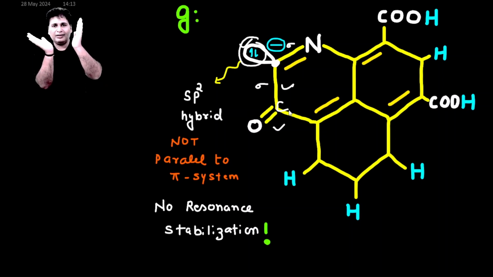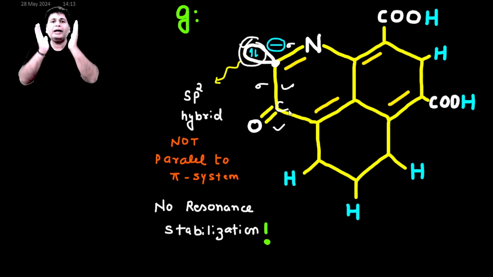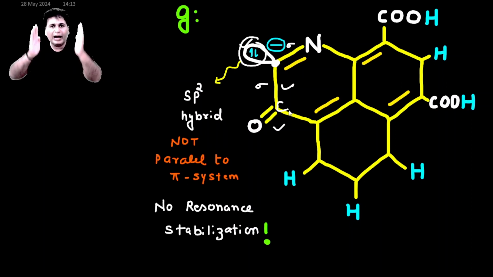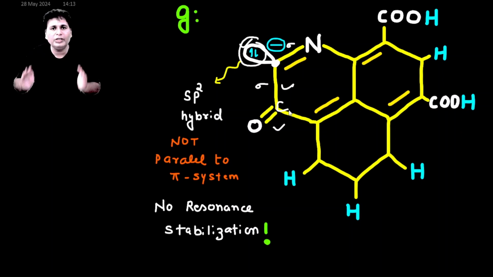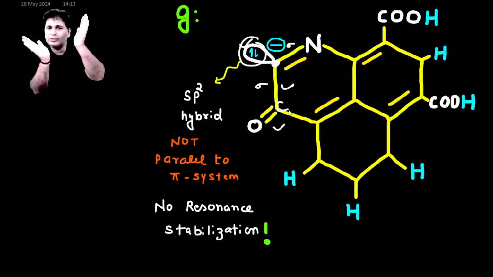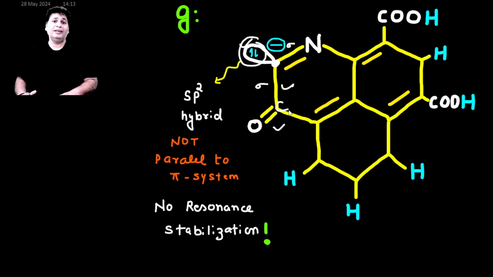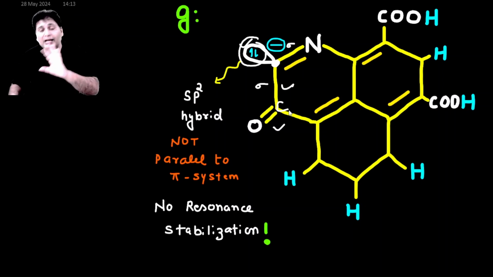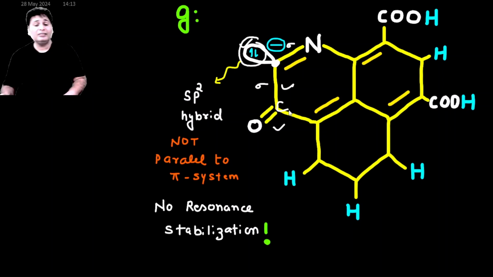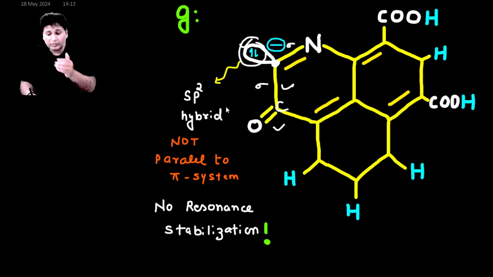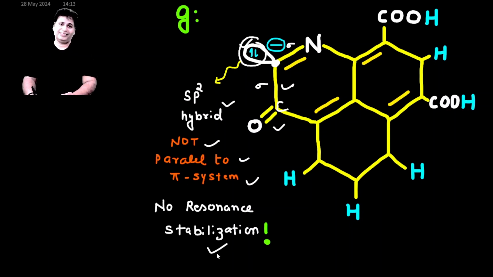They are perpendicular. And for resonance to happen, I have told several times that the orbitals should remain parallel to each other. And this is not a situation of being parallel. This is perpendicular, and for that reason this minus charge is not in conjugation and will remain localized at that carbon. So that is how you should understand, and that is what I have written on the slide. It is sp2 hybridized, not parallel to the pi system, therefore no resonance stabilization.